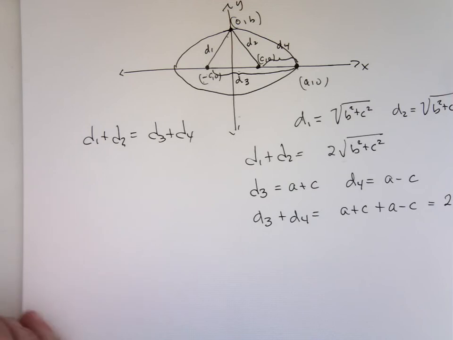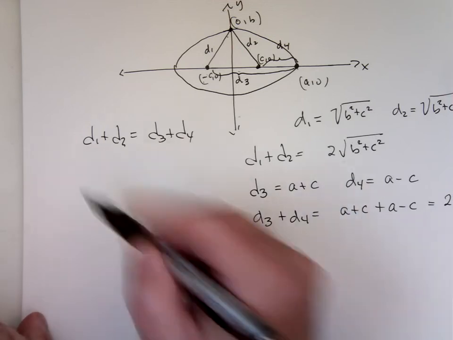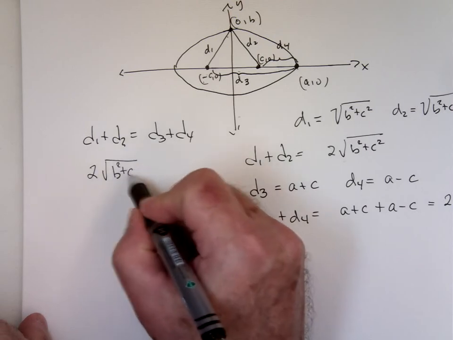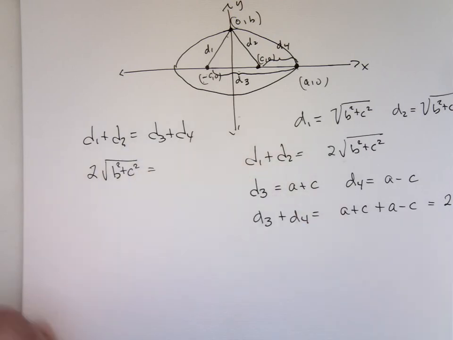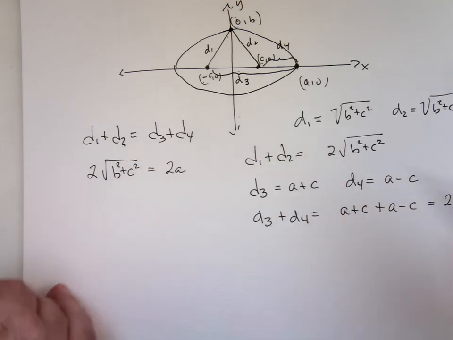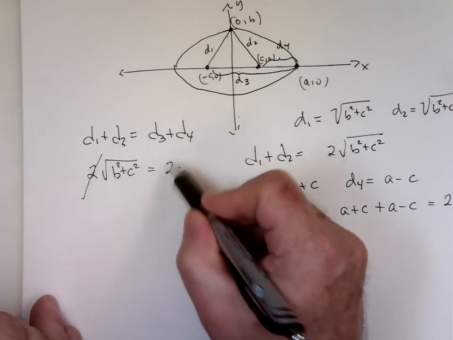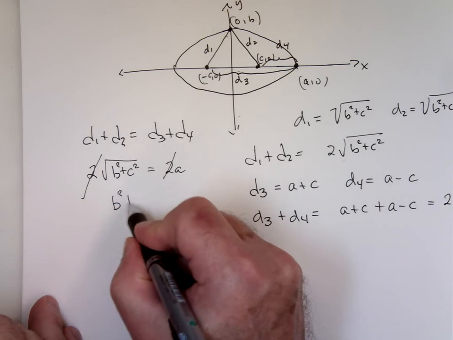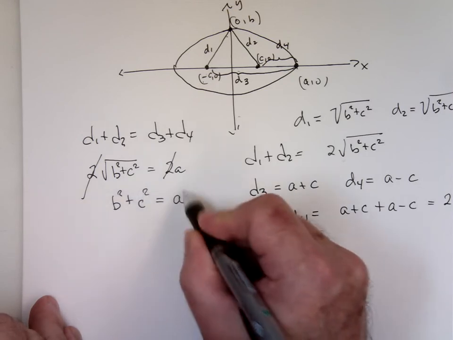And what's D1 plus D2? It's twice the square root. And what's D3 plus D4? It's 2 times A. Let's knock out some 2's. Let's square both sides to get B squared plus C squared is equal to A squared.